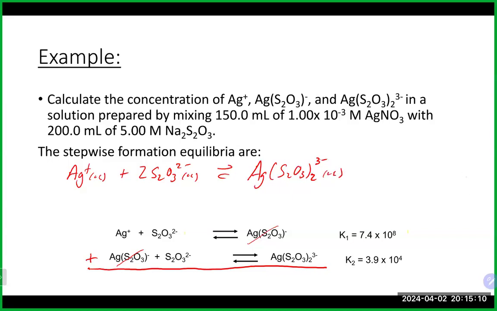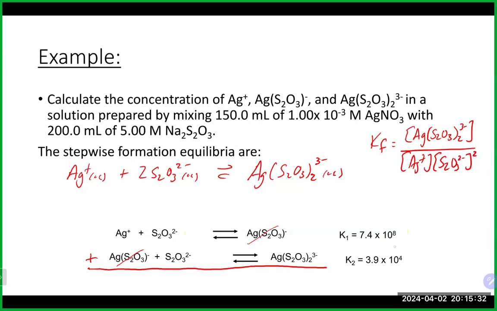We can write our KF for this, which is our product over our reactants. And once again, in this particular one, we need to square that guy there.